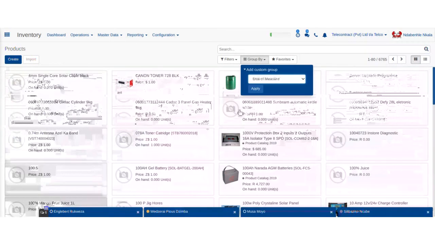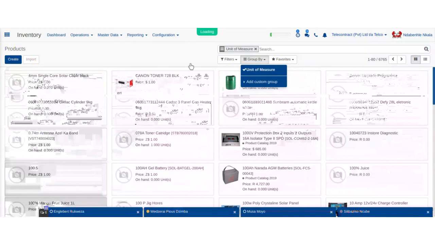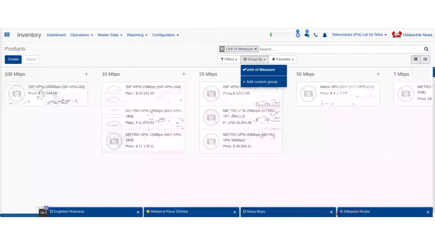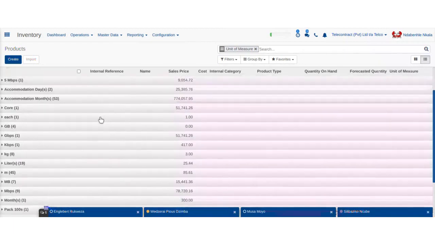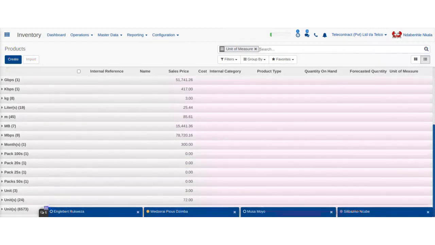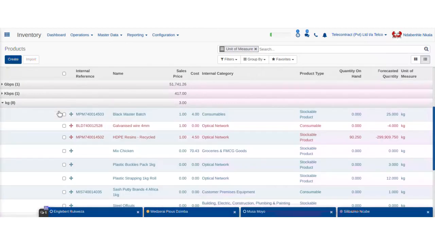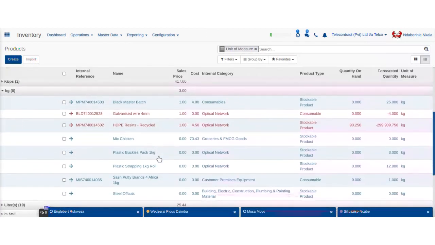I'm going to group this by unit of measure. Let's look at these ones in kgs. For example, we've got this black master batch. It's something used in the HDP manufacture.